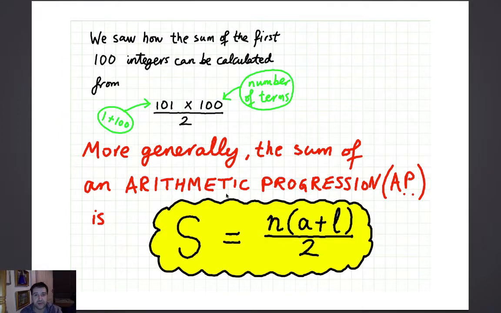So we can generalize that into a formula for the sum of an arithmetic progression, or AP, or arithmetic series. So that's S for sum equals n times (A plus L), all divided by 2.